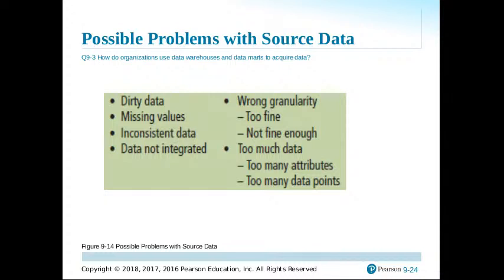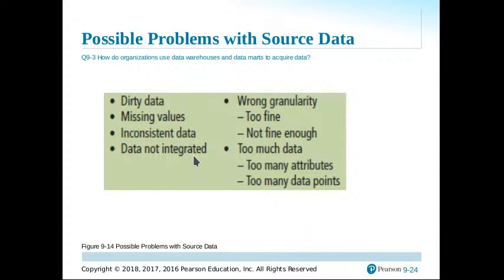Sometimes there is inconsistent data, because of some mistake, so the data is not good. And the data is not integrated, because of inconsistency or redundancies. So we have problems with the data.